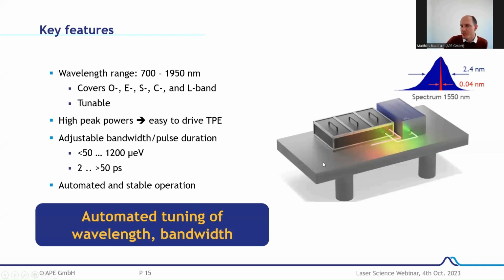And then the key features are shown here. Here's the system on an optical table. It's a rather big system, but has the big advantage that you can cover a wide wavelength range. Inside are a lot of optical fiber telecom bands, like the O, E, S, C, L bands, which is actually quite interesting because a lot of research is done for quantum dots in these bands, especially I think the C band.